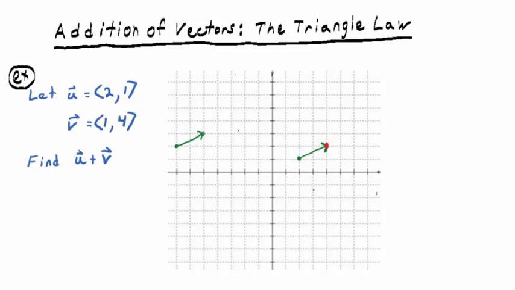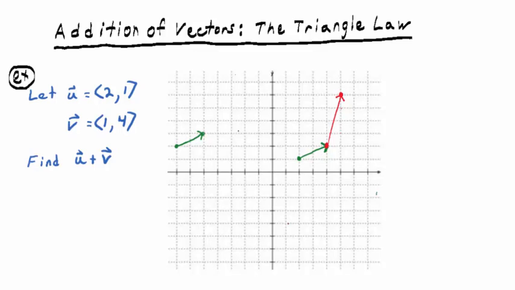So what do I do from that red point? Where do I go? Right 1 and up 4. So over 1 and up 1, 2, 3, 4. And that's going to be the tip of v, like so. And then it turns out you get u plus v by drawing an arrow from the tail of u to the tip of v.